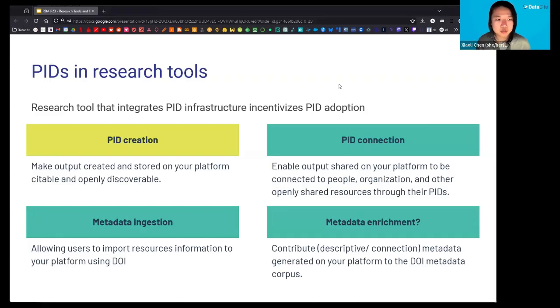We have this mechanism to allow this connection on the metadata level and ingest metadata from persistent identifiers, so allow users to import a resource by giving it a DOI, and enrich the metadata record behind the identifier, so contribute this provenance or connection information in the record.